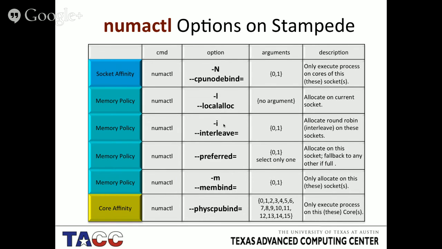As you're going through there, after you get 4096 bytes of accessing and you access the next section, it says, oh, he needs a new page. I'm going to assign it to the other memory on the other socket. Okay, and that's what interleave does.